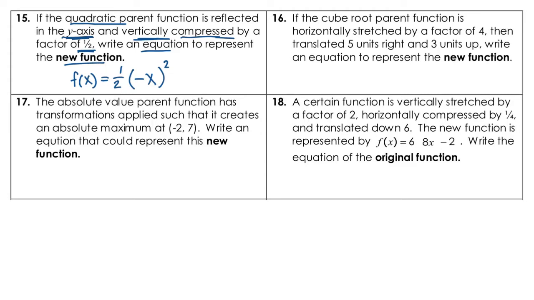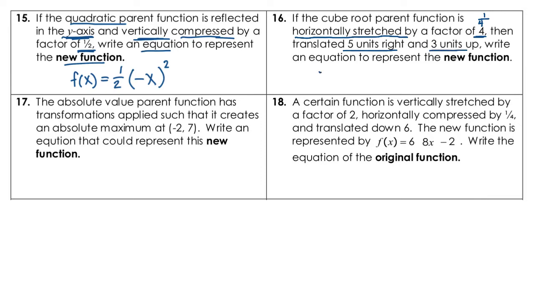All right, number 16, we have a cube root parent function horizontally stretched by a factor of 4. So keep in mind here with the horizontal stretch, it is not by the factor of 4, but would have been 1/4 on the inside of the function. Then we are translated right 5 units, so we're going to subtract 5, and then 3 units up.